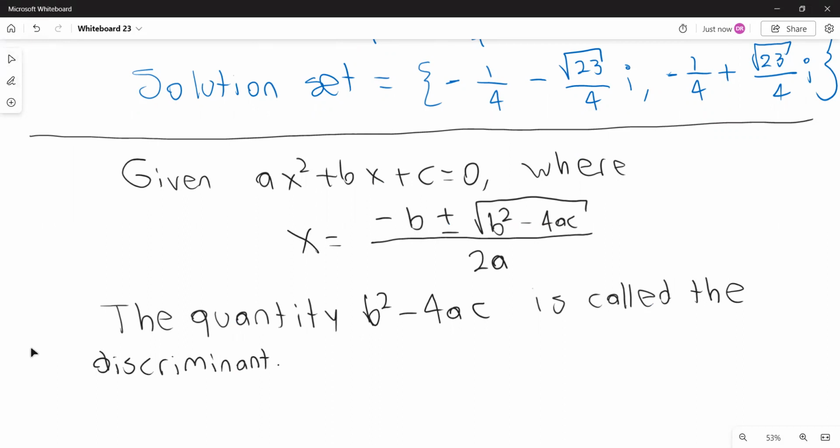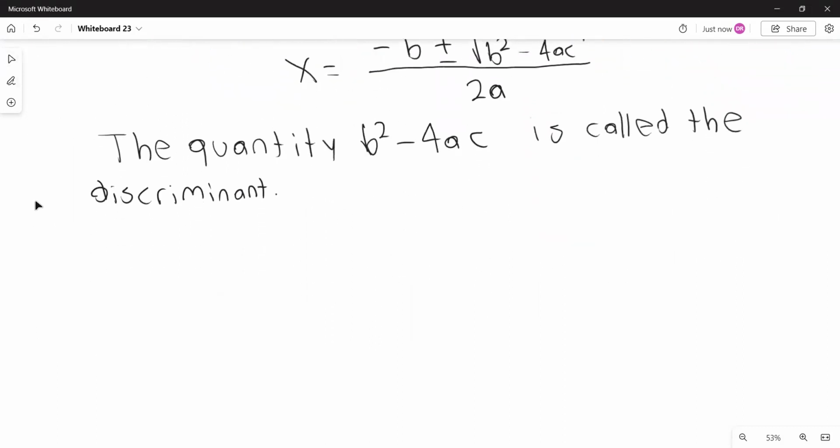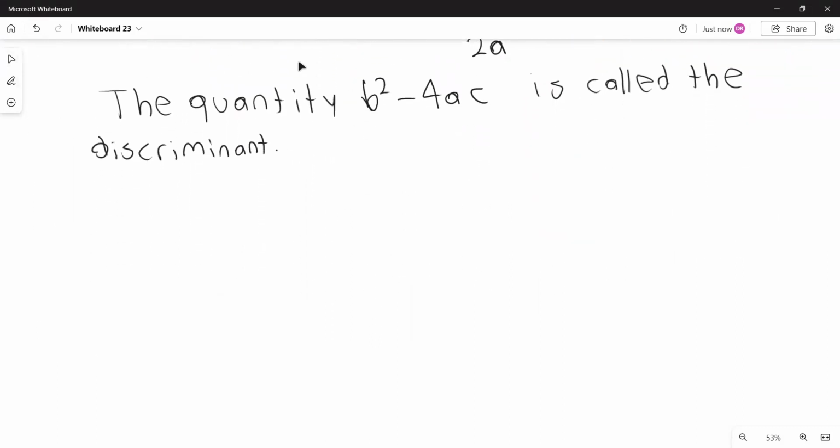And that can be useful to determine the number and type of solutions.